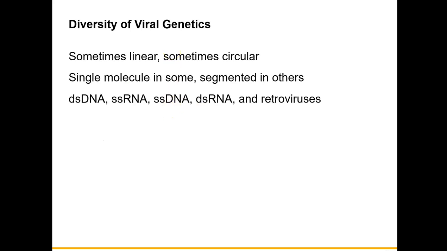The diversity of viral genetics: some are linear, some are circular. And remember, in the viral genetics lecture, we talked about double-stranded DNA, single-stranded RNA, single-stranded DNA, double-stranded RNA, and also the retroviruses.